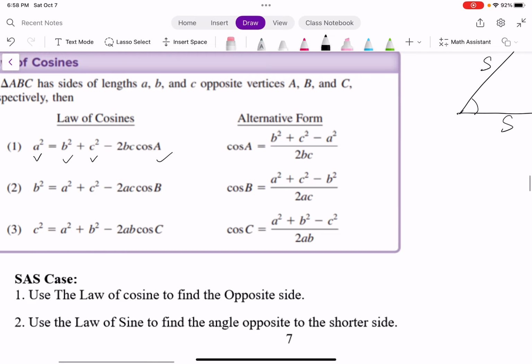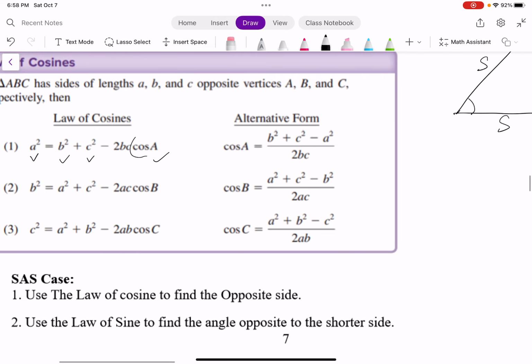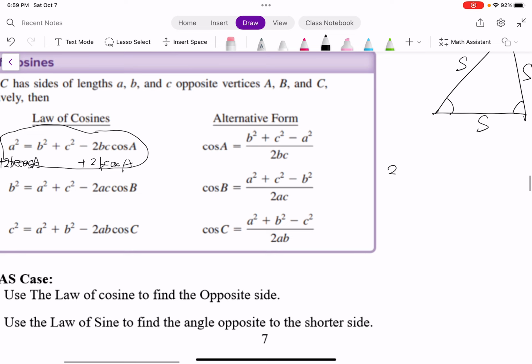And then if I want to isolate the cosine A from the equation here, we can first isolate the 2bc times cosine A. So if I have the given equation, we can add 2bc cosine A to both sides. We have 2bc times cosine A plus a squared equals b squared plus c squared.